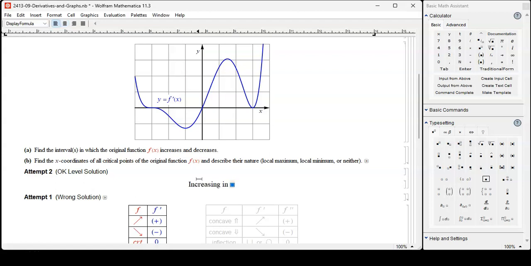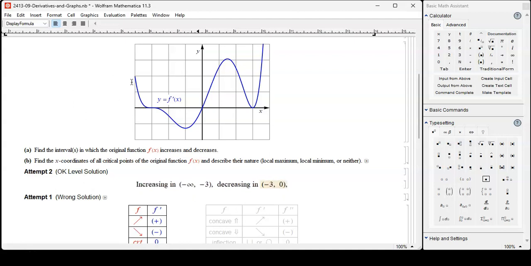Increasing in -infinity to -3. Decreasing in -3 to 0.